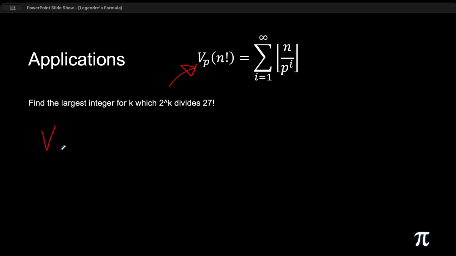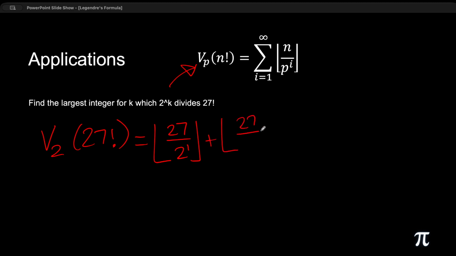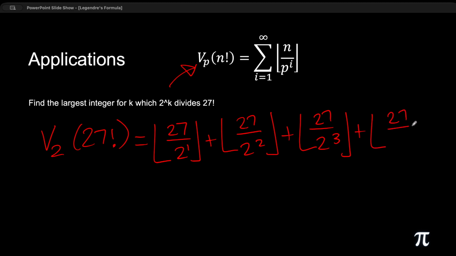So we have our valuation, we have our prime factor 2 and 27 factorial, and we're just going to write our floor functions like we did in our steps. 27 divided by 2 to the first power, plus the floor function of 27 divided by 2 to the second power, plus 27 divided by 2 to the third power, plus 27 divided by 2 to the fourth power.